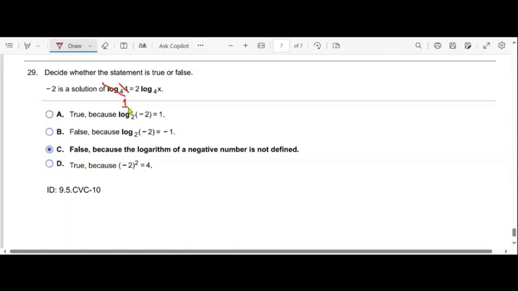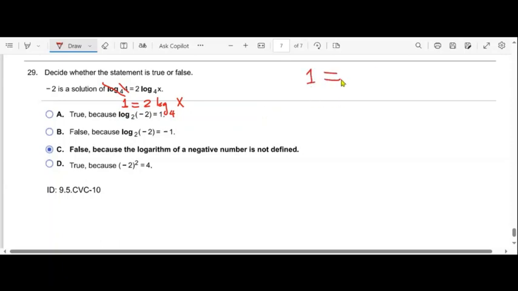And what do you get? 1 equals log base 4 of x, 2 times. Now what should I do? I need to find how much x is. How can I solve for x?